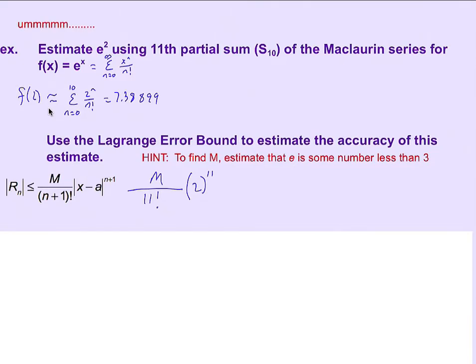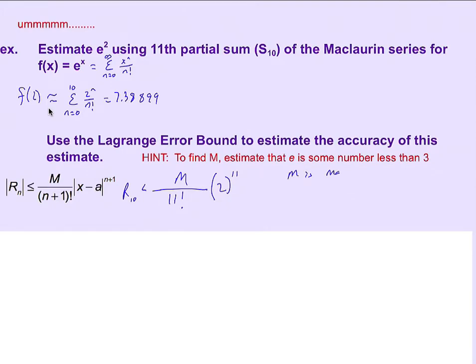And so notice that when we have the 10th degree polynomial, the error has to be less than M, which we'll get to in a second, over 11 factorial times 2 to the 11th. And then let's talk about this M now.